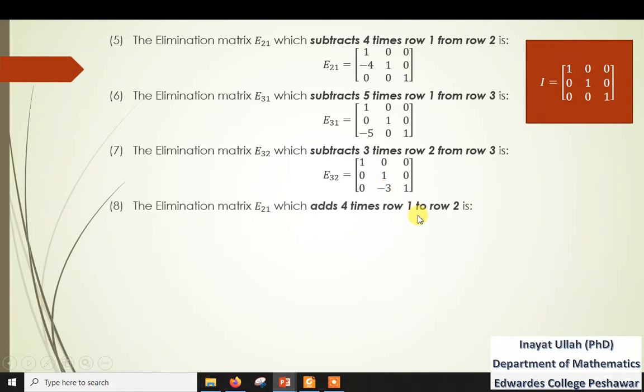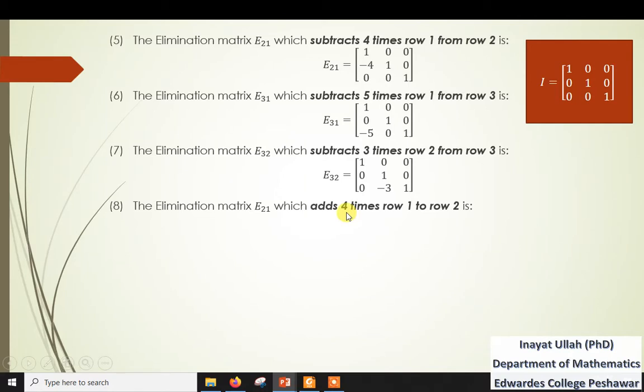Similarly, the elimination matrix E21, but in this E21 we add 4 times row 1 to row 2. It means that changes will occur in row 2, and we will write 4 with a positive sign because we are adding.